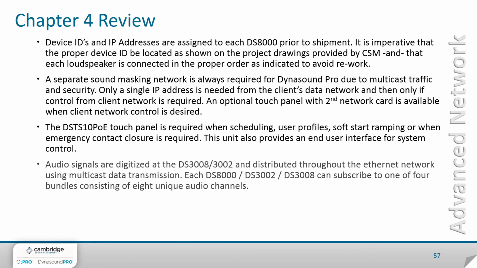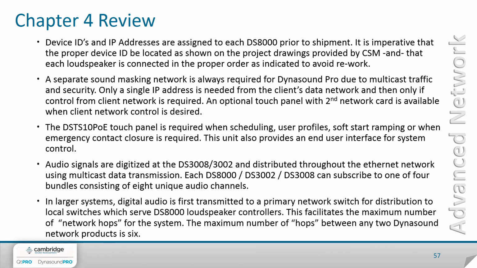Audio signals are digitized at the DS3008 and DS3002 and distributed throughout the Ethernet network using multicast data transmission. Each DS8000, DS3002, and DS3008 can subscribe to one of 4 bundles, consisting of 8 unique audio channels.